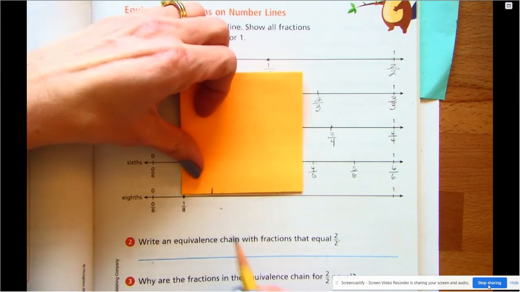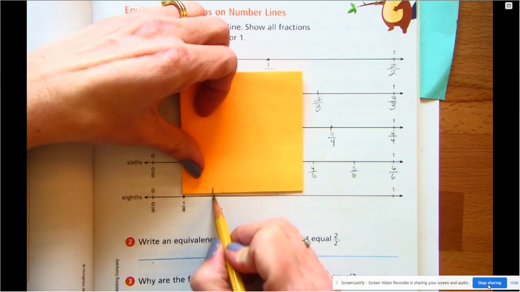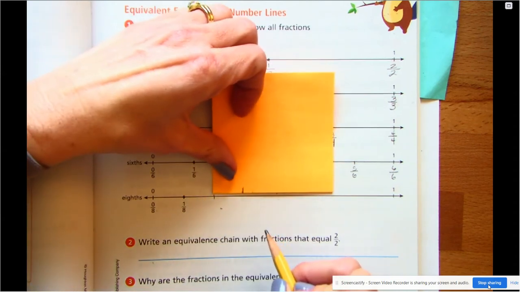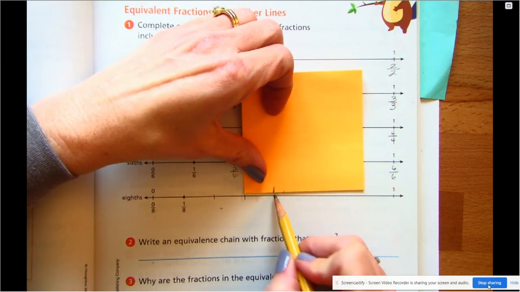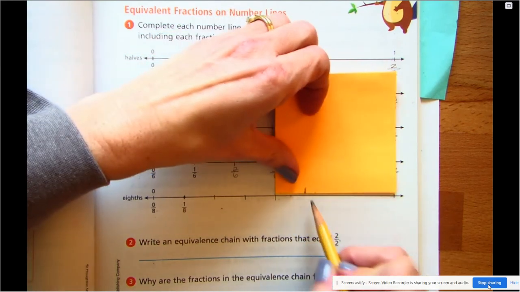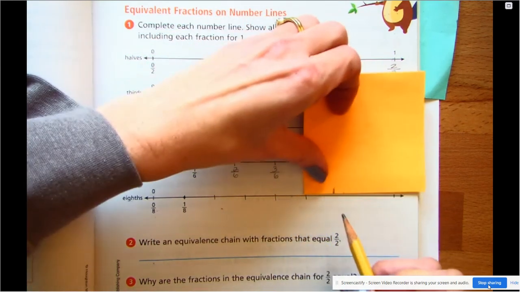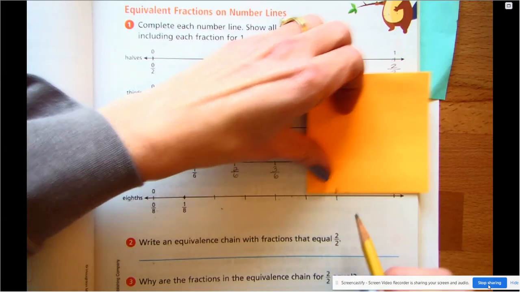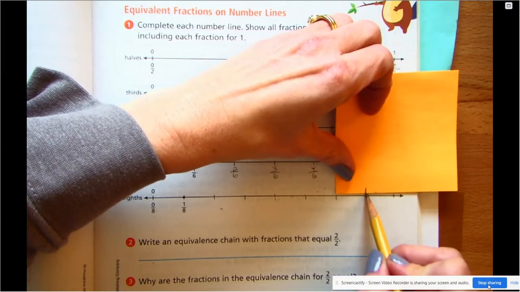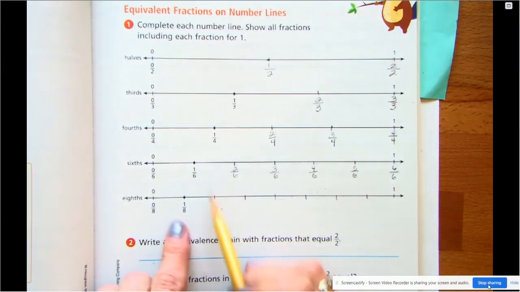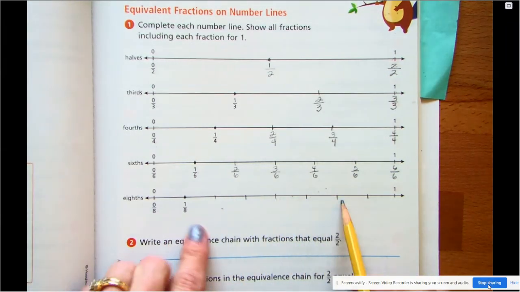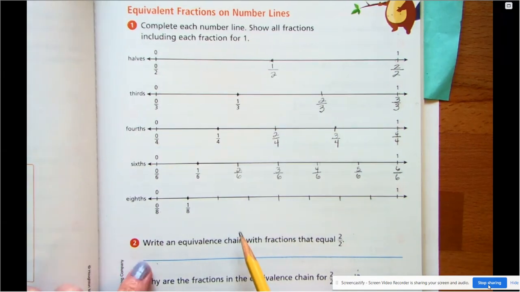And I'm going to add that to my number line until I run out of space or until I reach the whole. And then I'm going to go back and label it. And then we're going to do the work to show which fractions are equivalent or equal to each other. Okay, so you can see my marks and how I've divided that line up.